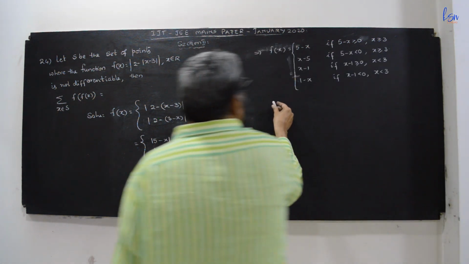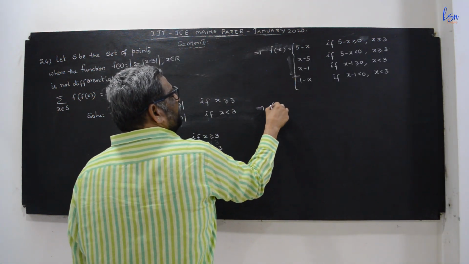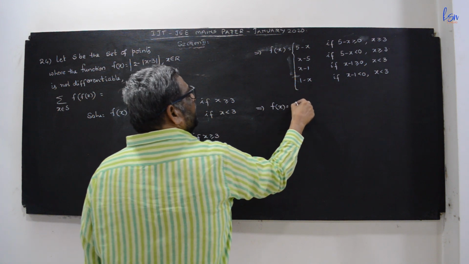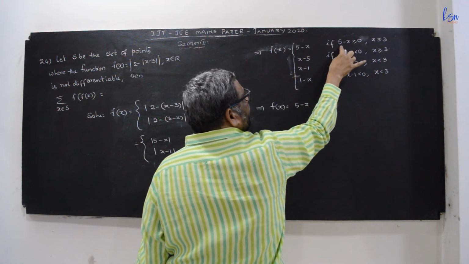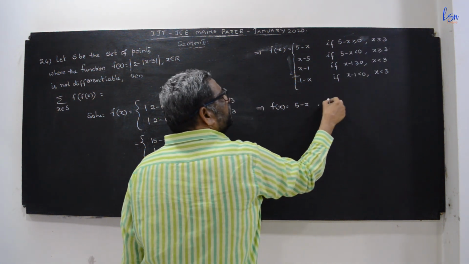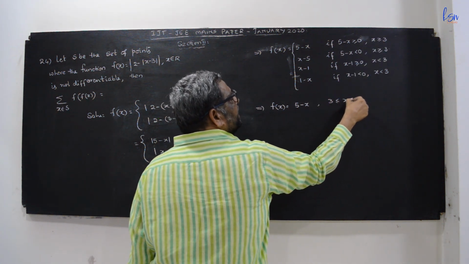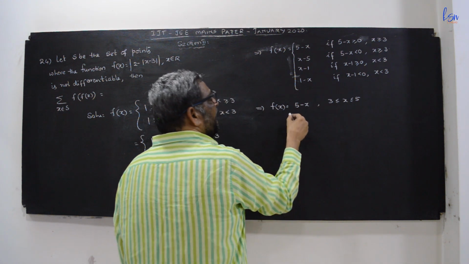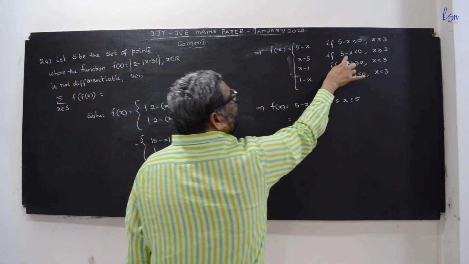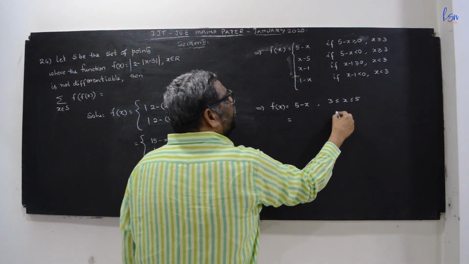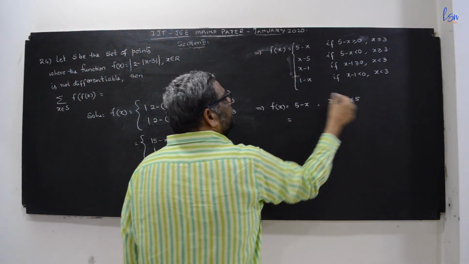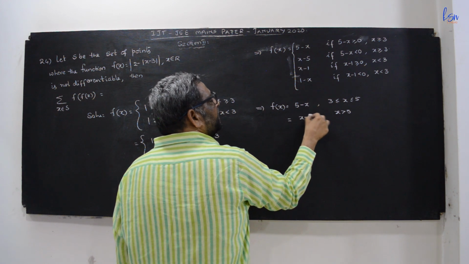And therefore this function can be written as f of x is equal to 5 minus x if x is less than or equal to 5 and greater than or equal to 3, so 3 less than or equal to x less than or equal to 5. And 5 minus x less than 0 means x greater than 5, so for x greater than 5 this is x minus 5.